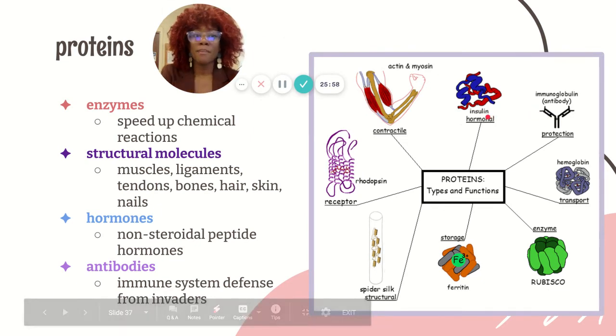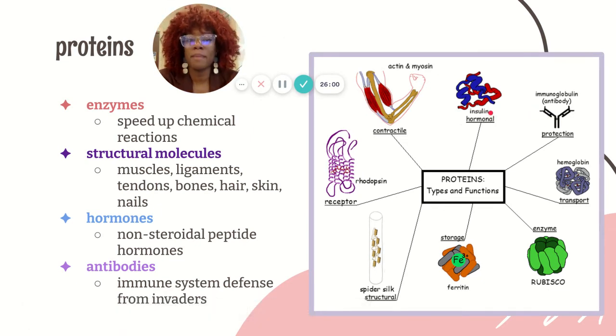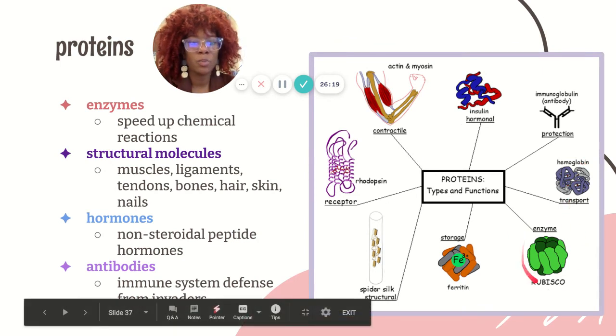So again, insulin. So that thing that diabetics have too little of in most cases is a type of protein. It's a hormone, a protein hormone. Again, antibodies are proteins. Hemoglobin, which transports oxygen in your blood, is a protein. Enzymes that speed up reactions are proteins.